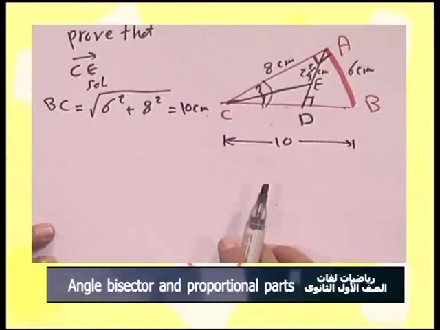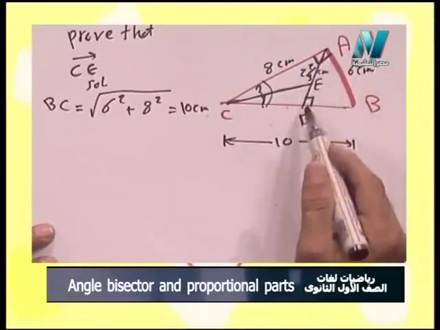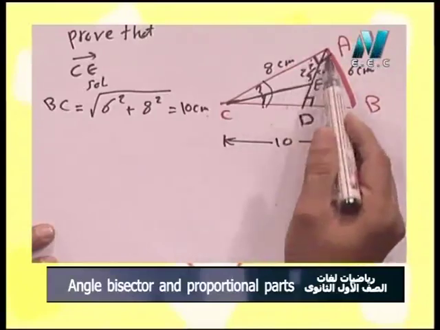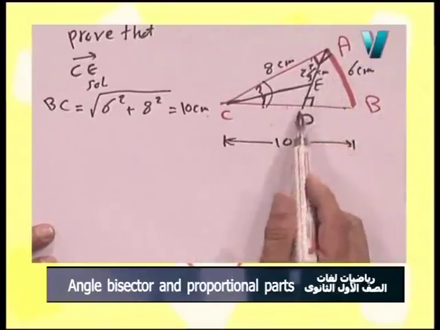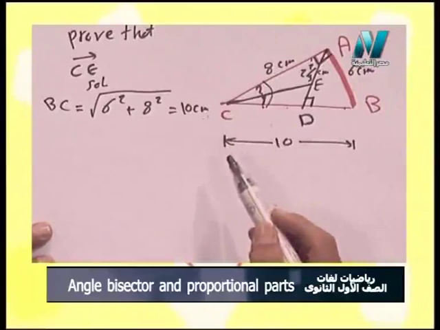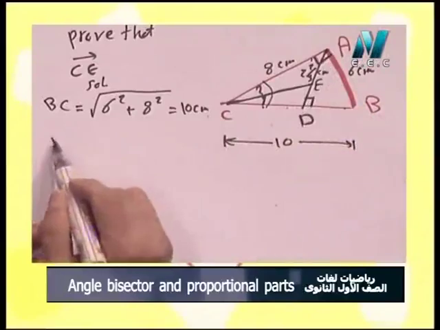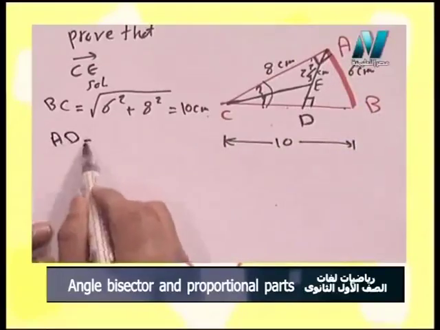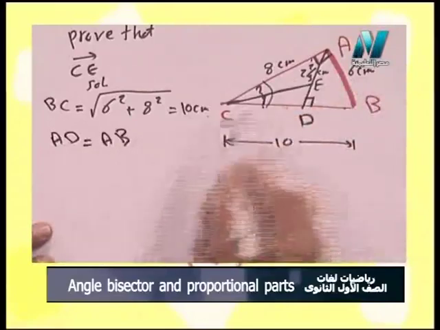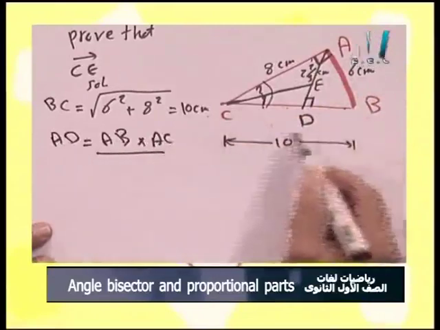And we would like to find out the length of AD. Remember, my dear students, that we have a perpendicular from the right angle. We write a perpendicular to BC. If you remember Euclid's theorem, we'll find that AD from Euclid's theorem equals AB times AC over BC.